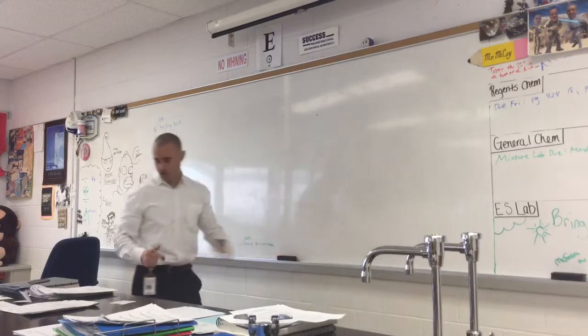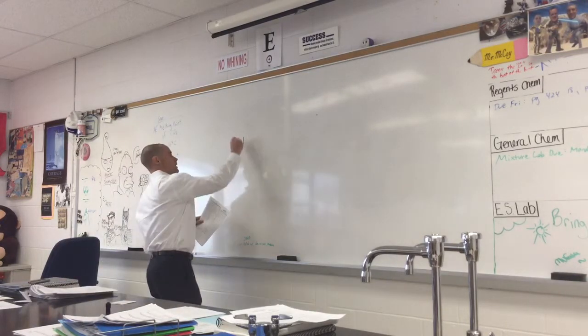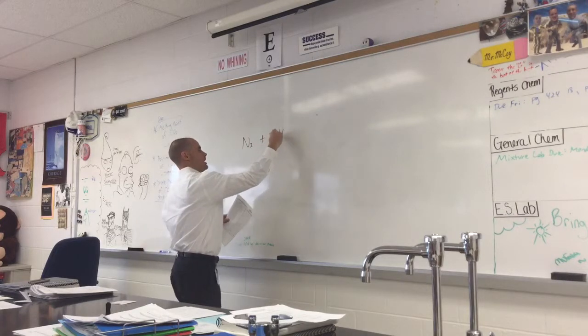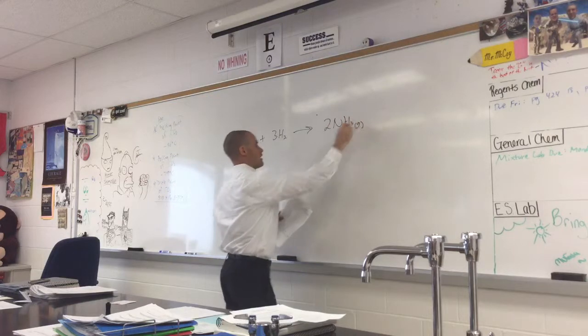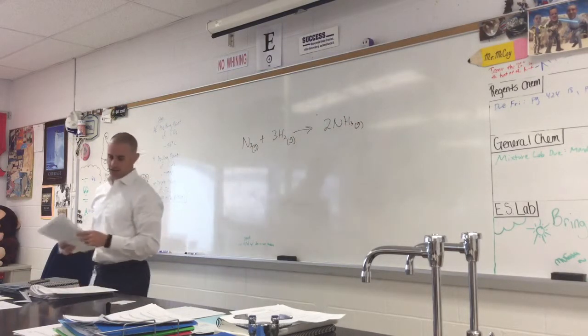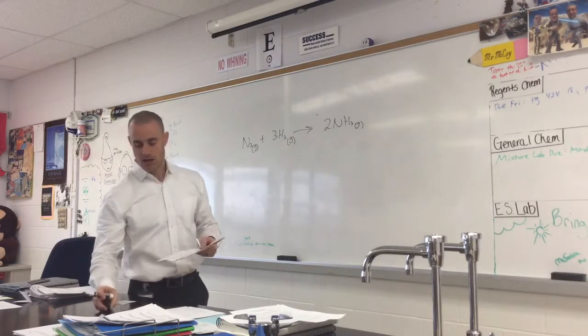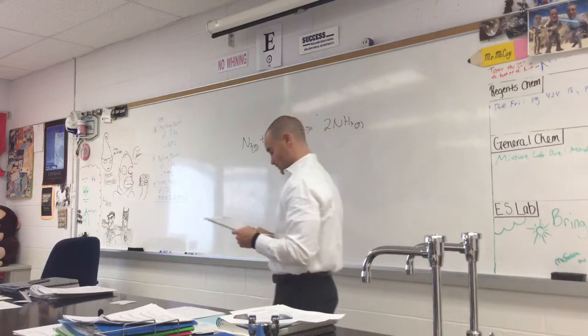Here we go. So I'm going to pick two. All right, so N2 plus 3H2 yields 2NH3, gas, gas, gas. And if you use pen, I guess that's just tough luck if you screw up. I want you to actually attempt this. I'm going to walk around and check. So I want to see how you're doing.